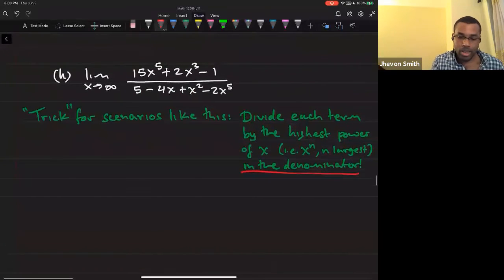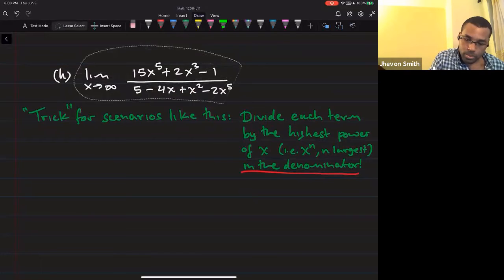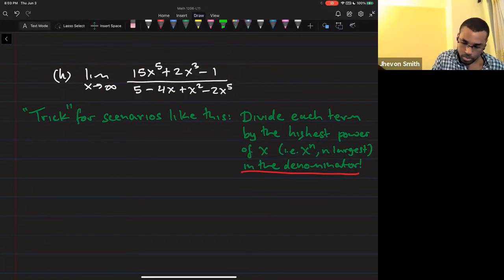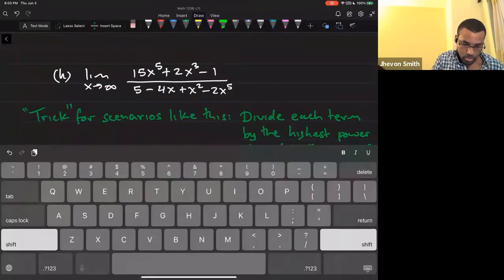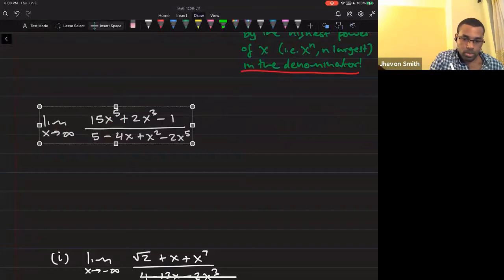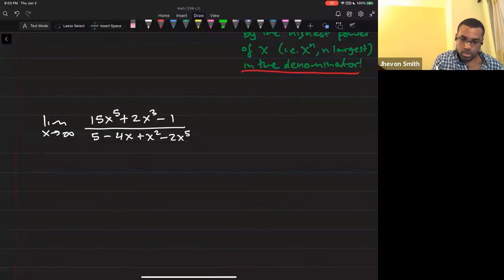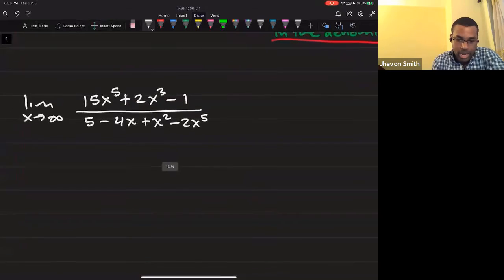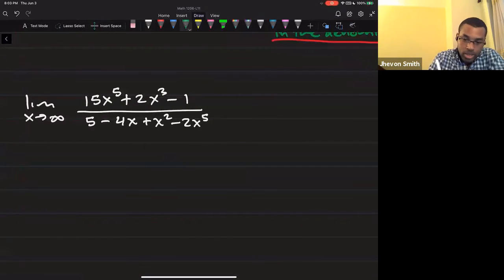So if you have something like this guy, what you're going to do is identify the highest power in the denominator. Clearly, you see that that is x to the 5th here.